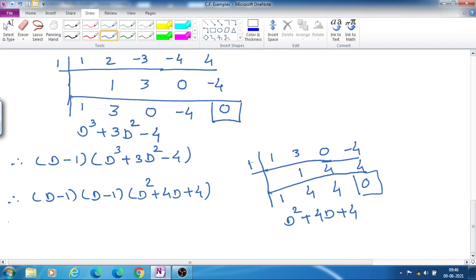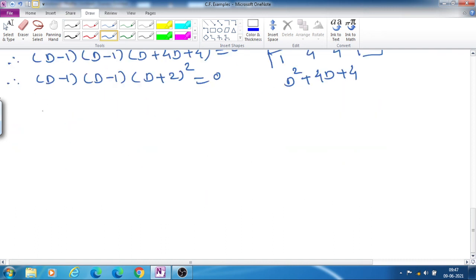Therefore we now have the factors (D − 1)² (D + 2)² = 0.